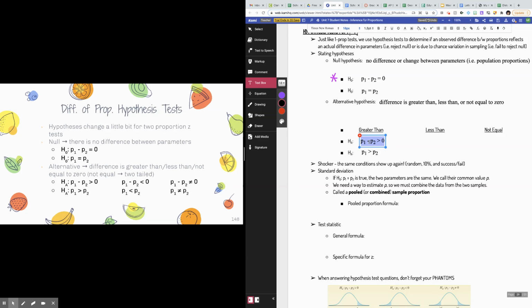Then you have a similar way that you can write these for less than, where P1 minus P2 is less than 0, or P1 is less than P2. And then again, same idea for not equal to.